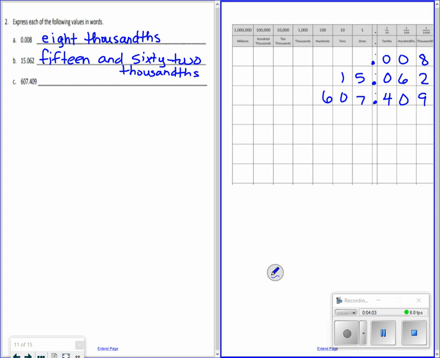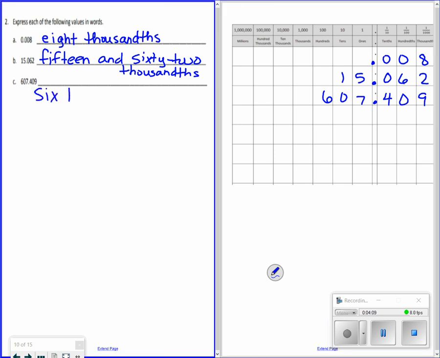607 and 409 thousandths. Can't leave off that 9.